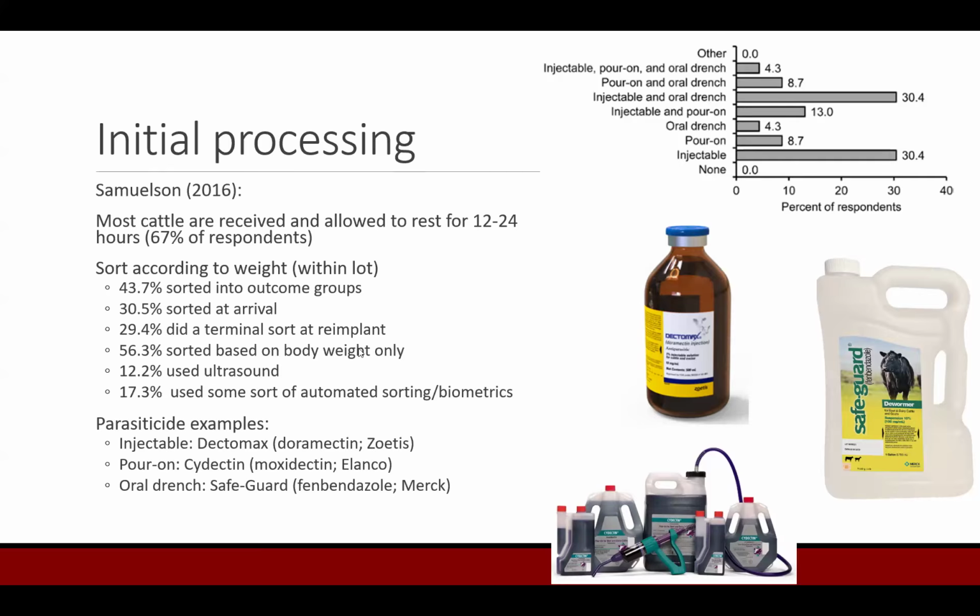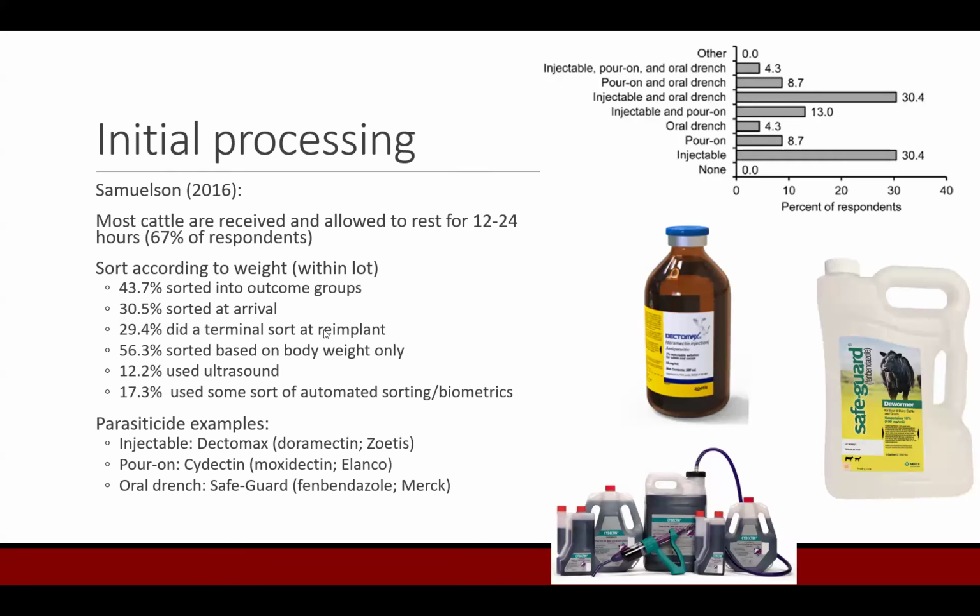So 44% sorted into outcome groups, so a little under half. So about 56% are not sorting based off outcome groups, okay, which means based off initial body weight. Of these, 30% are sorted at arrival, okay. 30% did a terminal sort at reimplant.